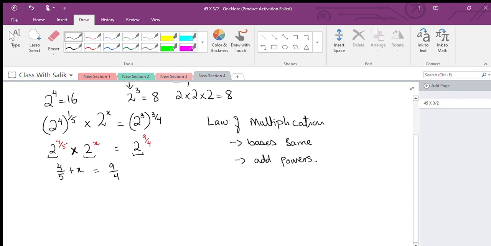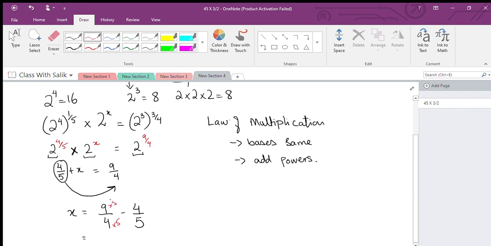What we will do is, we will move this 4 over 5 to the opposite side and make x the subject, because we have to find the value of x. x equals 9 over 4 minus 4 over 5. And when we solve it, obviously, you have to take the LCM of 4 and 5, and it's 20.